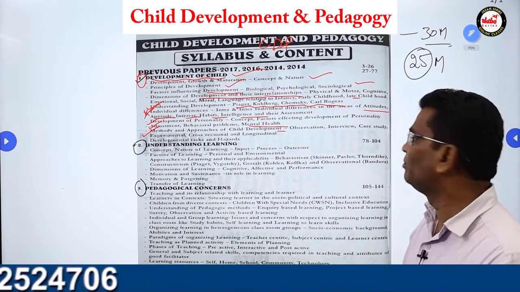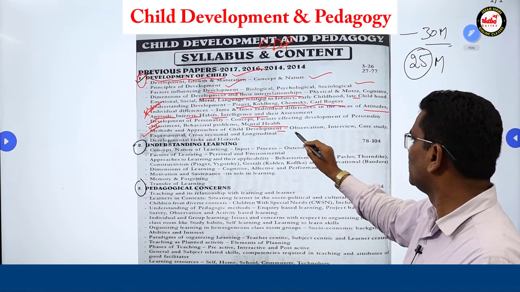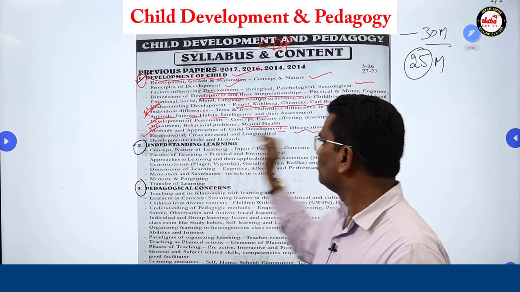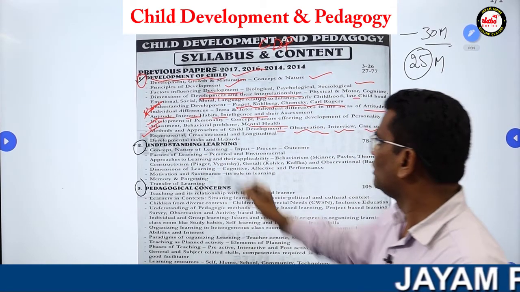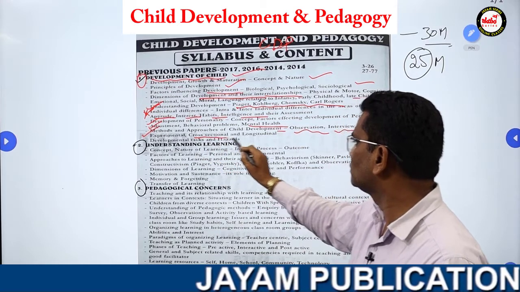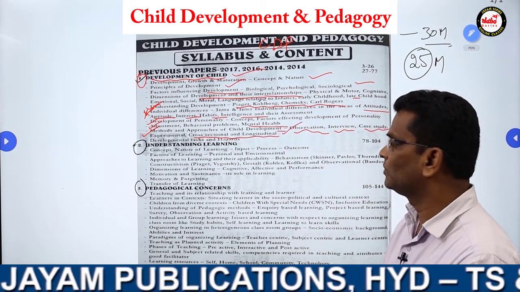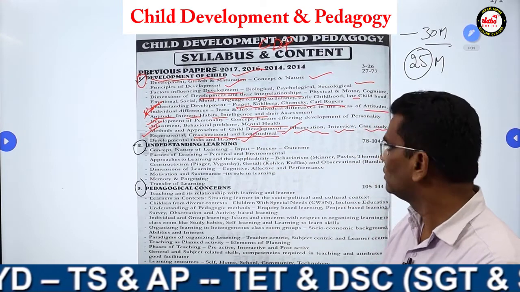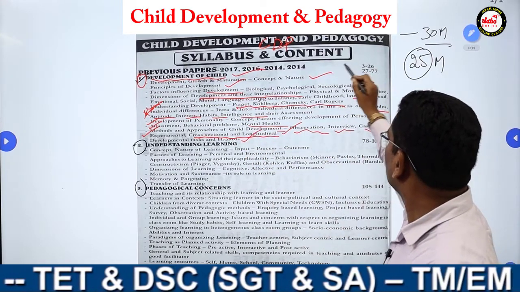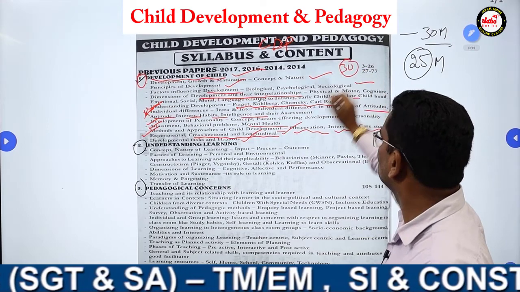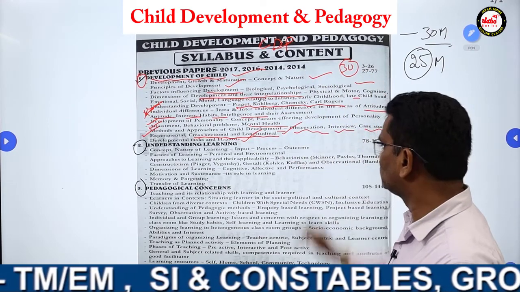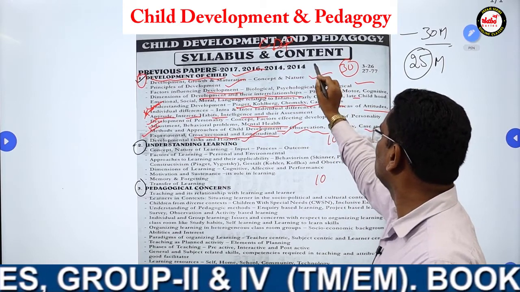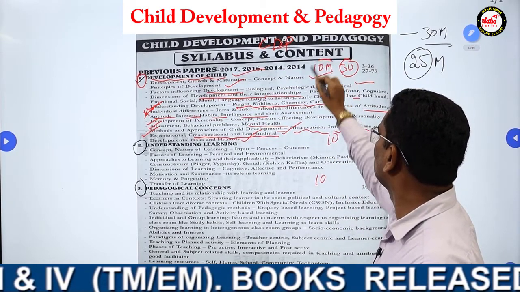We will study observation, interview and case study methods, and also cross-sectional and longitudinal methods. Then developmental tasks and hazards. We have 30 marks for this. We have 3 subtopics, so from each topic we will get nearly 10 marks.